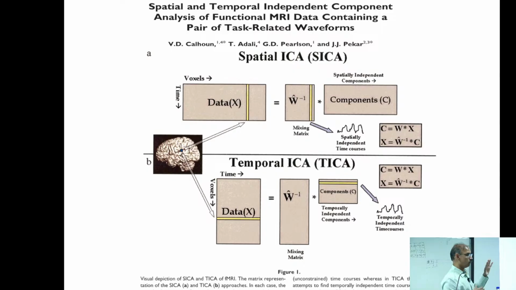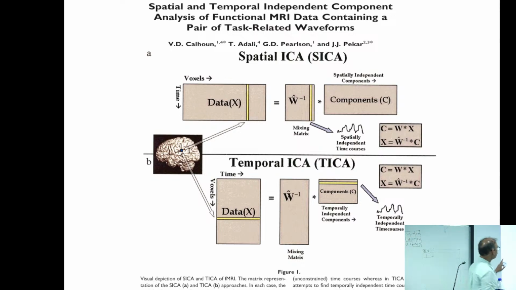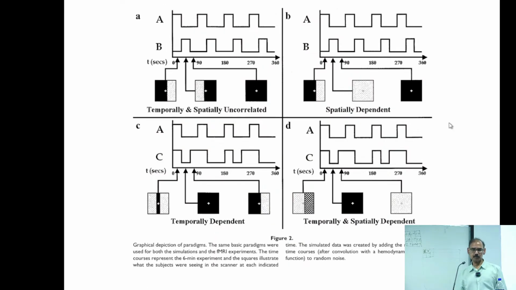And by formulating the problem in a different way, he could use time as the observation and the voxel as different measures. And from that, they could extract these things, right? So these are the two tasks that were presented.